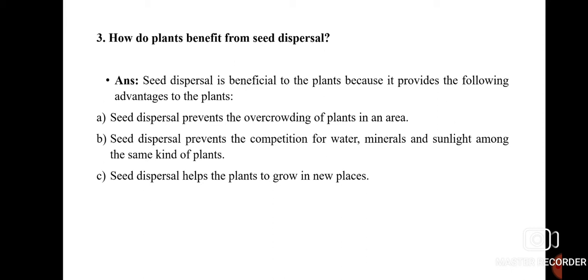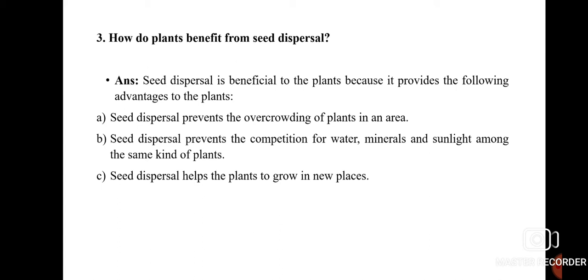If all the seeds present in a fruit fall onto the same place, then all the seeds will try to germinate. As a result, there will be overcrowding of plants in that area. So seed dispersal maintains a uniform natural vegetation throughout the surface.